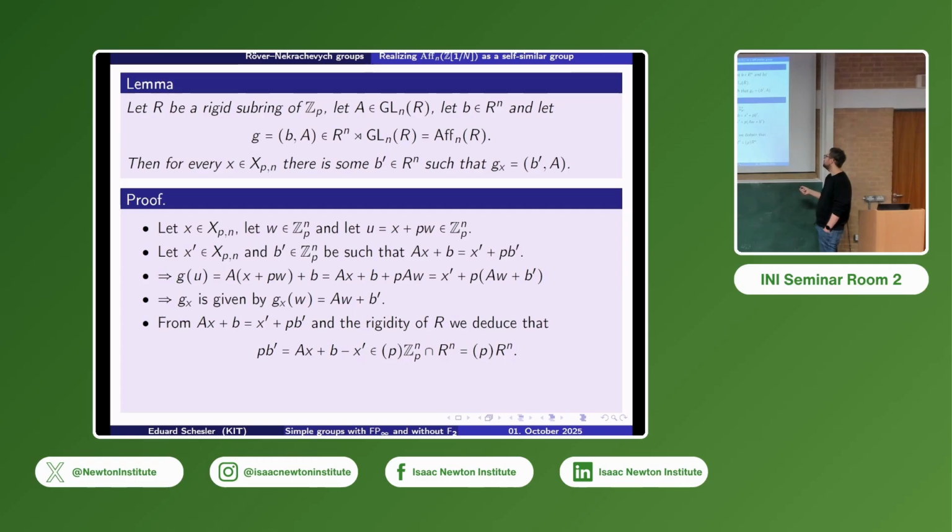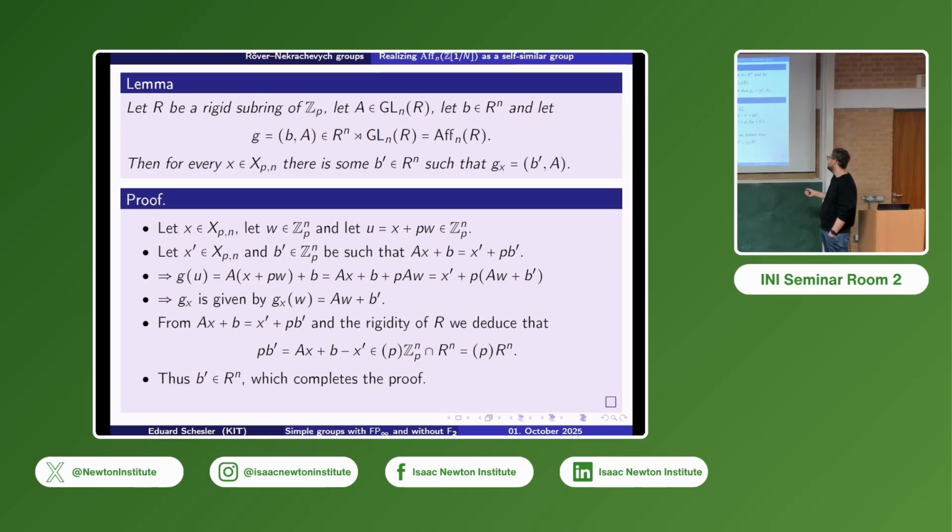And B was by definition a tuple of integers, an element of R to the n. So on the one hand, we have an element of R to the n, but on the other hand, we have a P multiple of B prime. So it lies in the ideal spanned by P in Z_P^n. And now the definition of rigidity tells us that this is exactly P times R to the n. So as a conclusion, B prime indeed lies in R to the n.